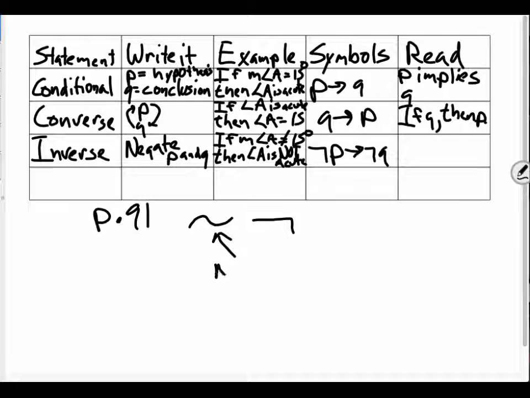The tilde sign refers to the word not or negation. I'll try to stick to the book, but I'm pretty sure over time I'll just start writing it this way. But they both mean the same thing. It's just saying this statement, but you're inserting the word not. You're negating the statement.